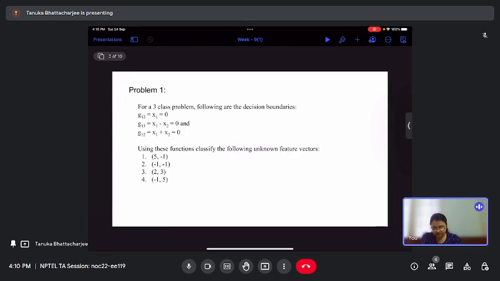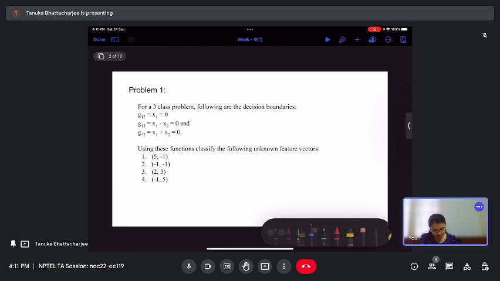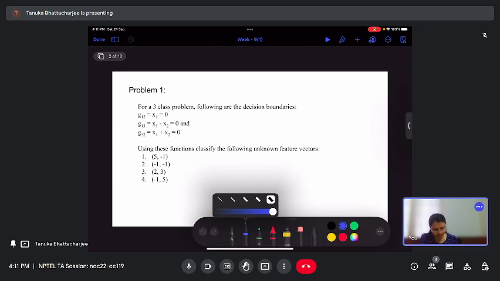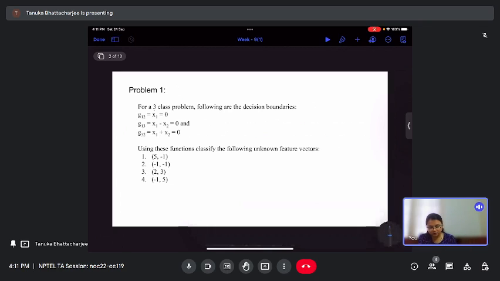As the problem reads, for a 3-class problem the following are the decision boundaries. Let's say omega 1, omega 2 and omega 3 are the 3 classes, and the decision boundaries between class 1 and class 2, class 2 and class 3, and class 1 and class 3 are given.